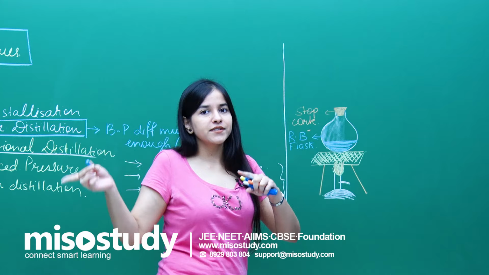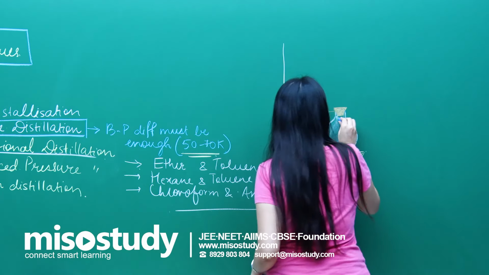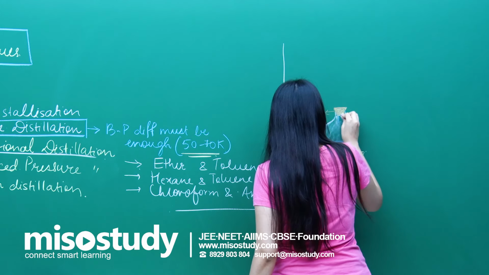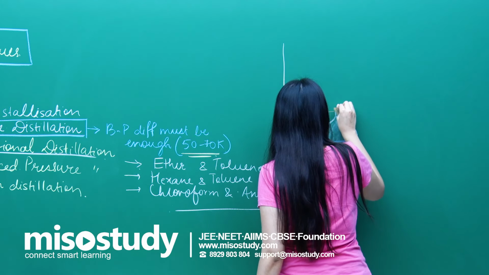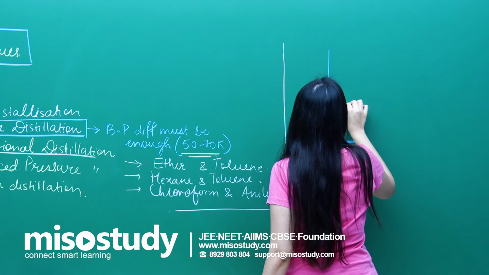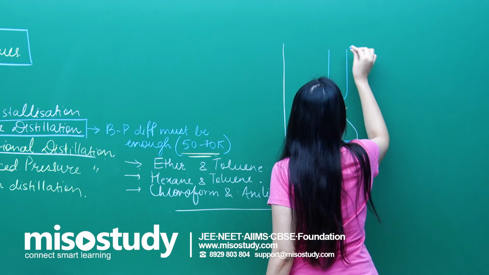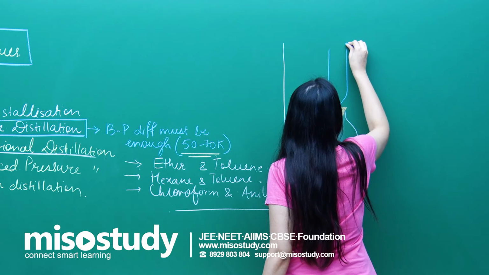What is the difference between the simple distillation and the fractional? Now we will see here. So here we have got a column. We have got a column over here. That is the column.